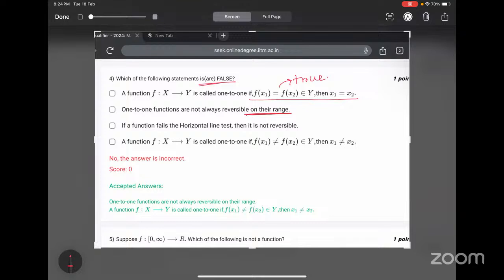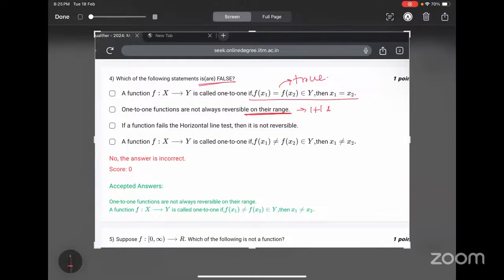Yes, on the range, because once it's one-to-one, f of x1 equal to f of x2 gives x1 equal to x2. To be reversible, we want one-to-one and onto, right?